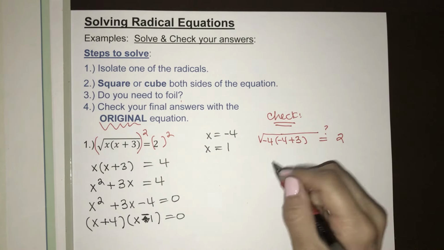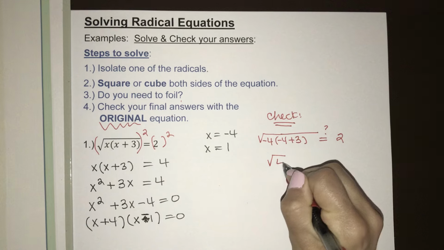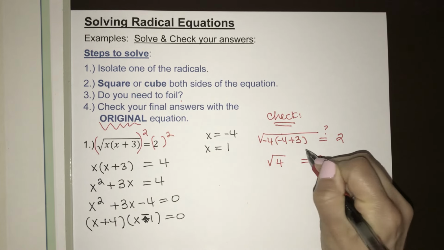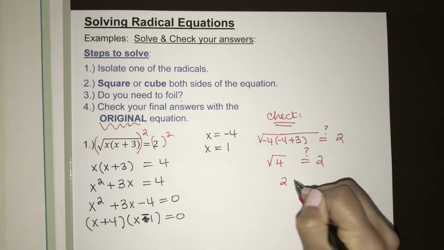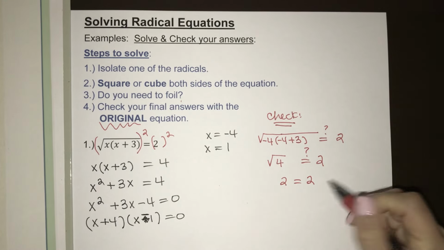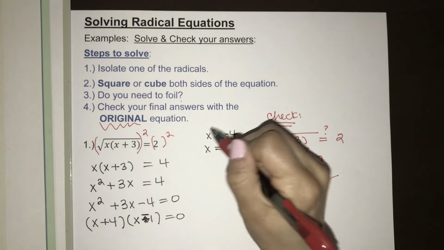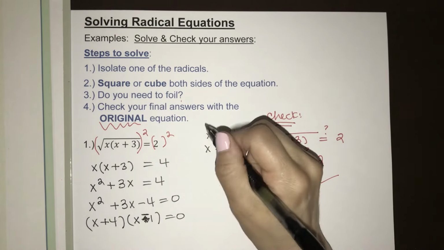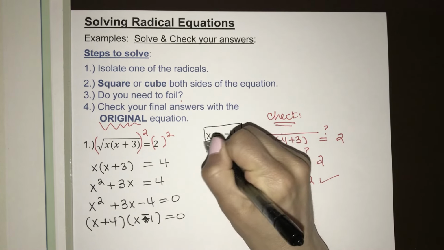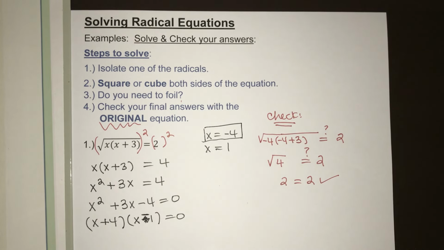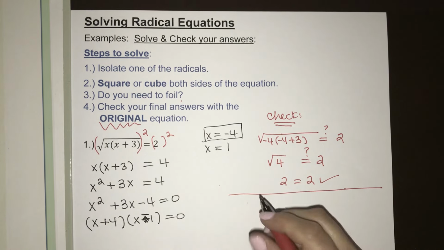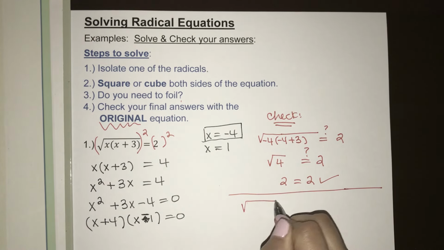Negative 1 times negative 4 just gives me square root of 4. And as you can see, square root of 4 is equal to 2. So 2 is equal to 2. That means that negative 4 is a solution. I could box it. We're going to do the same thing with 1. Same idea, substitute it into the original equation and check.